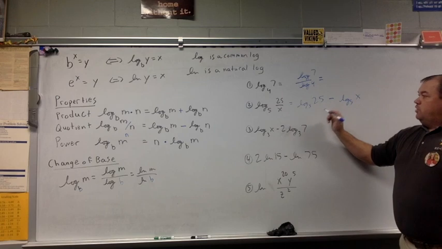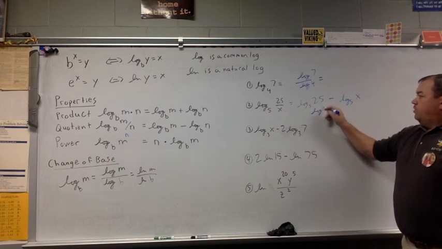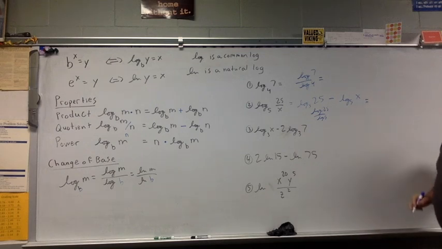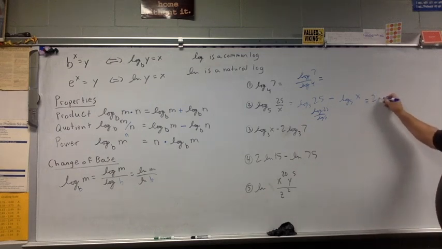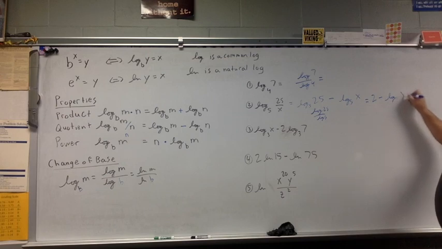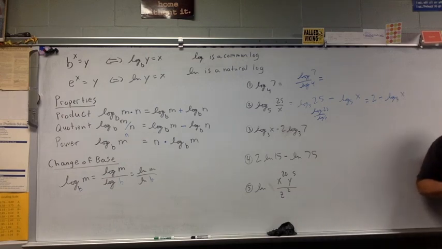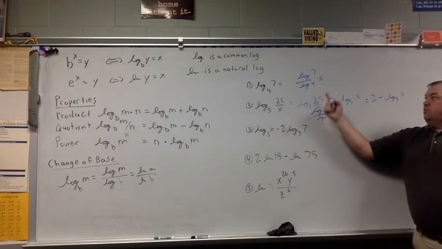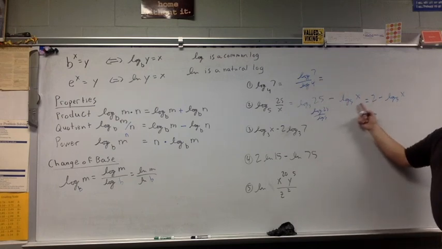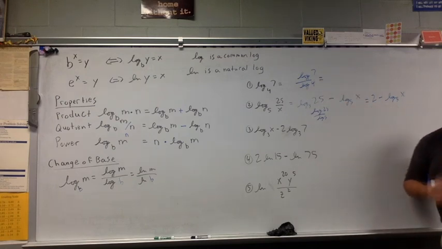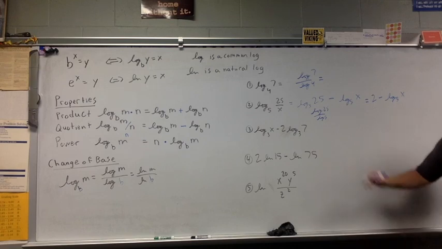I can change this to a common log, do the common log of 25 over the common log of 5. That's going to turn out to be 2, and I get 2 minus log of x base 5. If I have numbers, I should do them. If I have things with variables, obviously I'm not going to be able to do those.